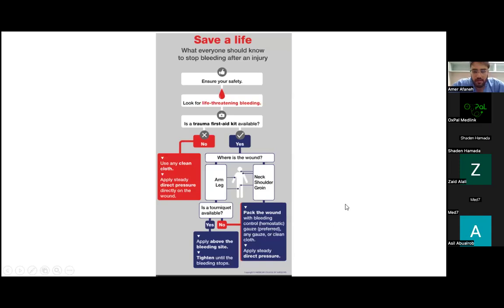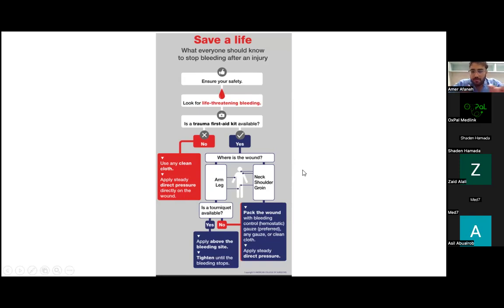Here's another poster that's on their website. The first step is ensuring your safety and looking for life-threatening bleeding. If a trauma kit's available, you can use it. If not, use any cloth or apply steady direct pressure directly on the wound.